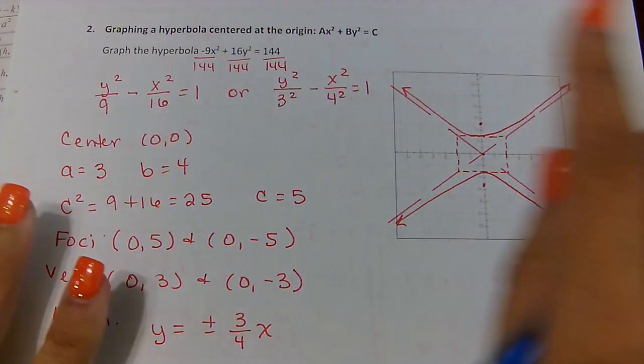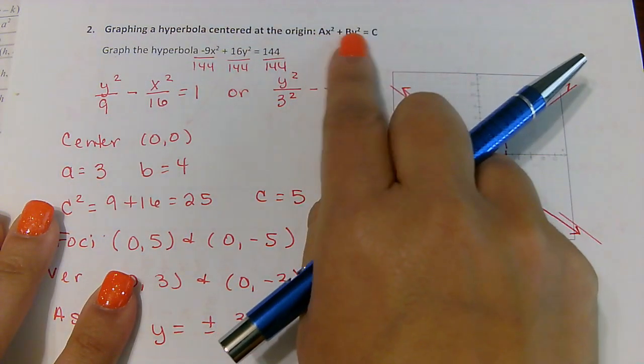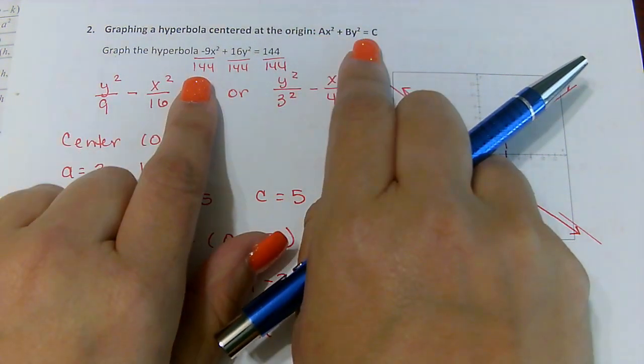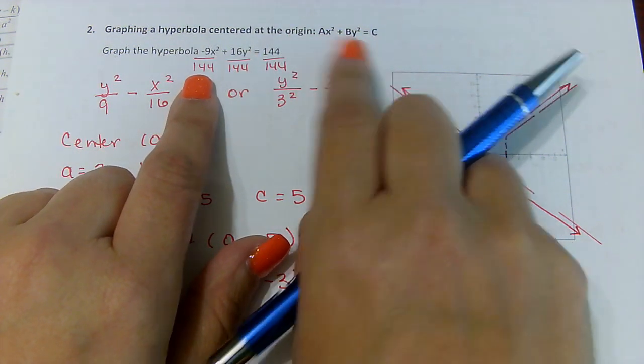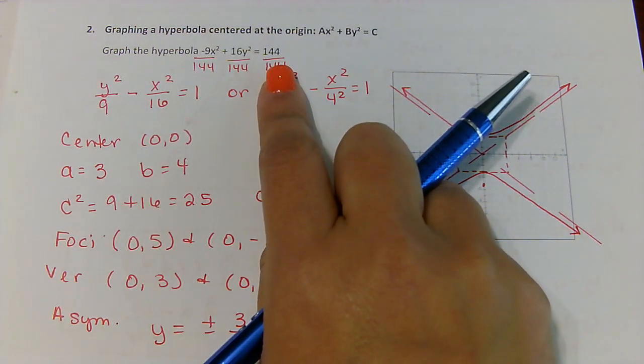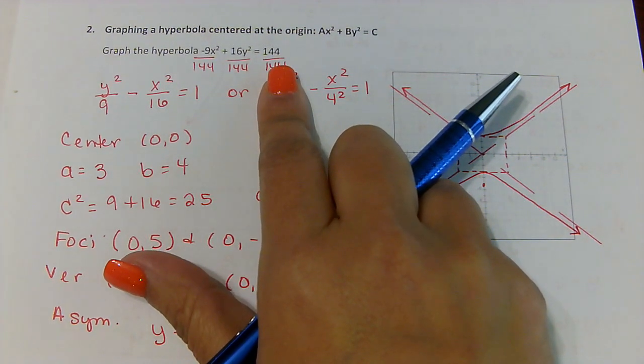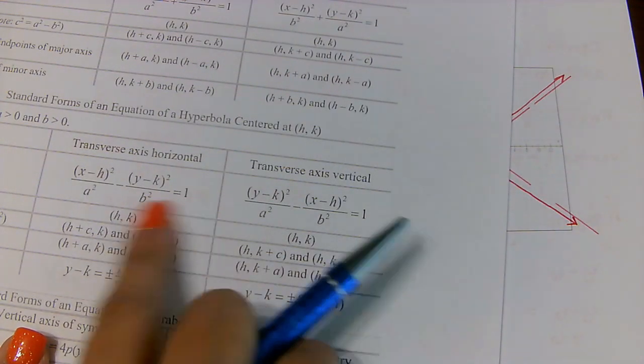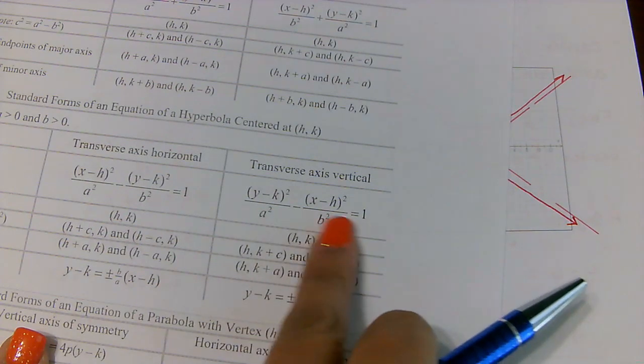Number 2 says graph the hyperbola centered at the origin, but now we have it in this form. Remember, when you're looking at these equations, you always want to have it in terms of a standard form, which means it has to look similar to this equation here or this equation here.